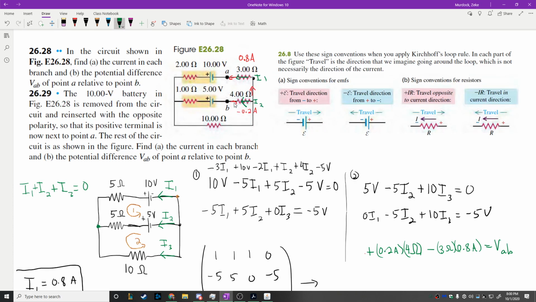So this is 0.8 minus 2.4. I think it's negative 1.6. Does that look right? Does that math check out? Okay. All right, that's the other half.